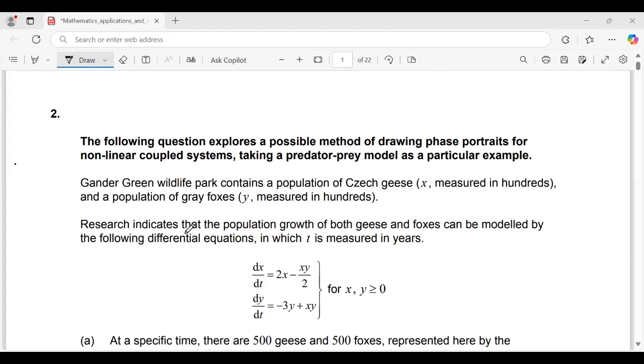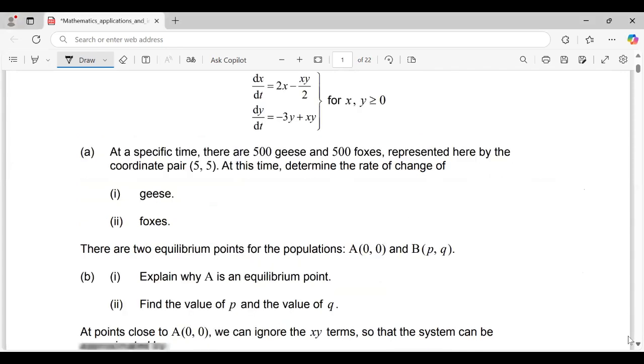Research indicates that the population growth of both geese and foxes can be modeled by the following differential equations, in which t is measured in years. dx/dt equals 2x minus xy over 2, and dy/dt equals minus 3y plus xy.